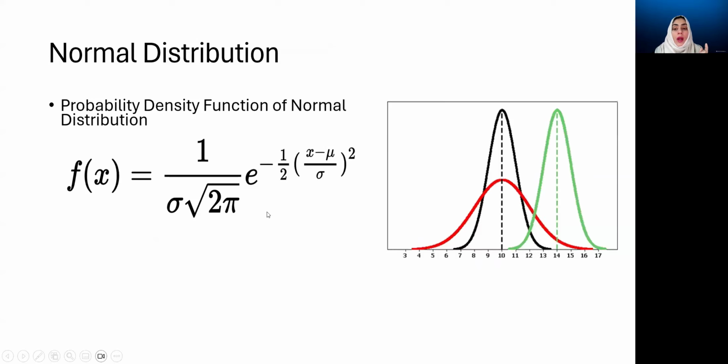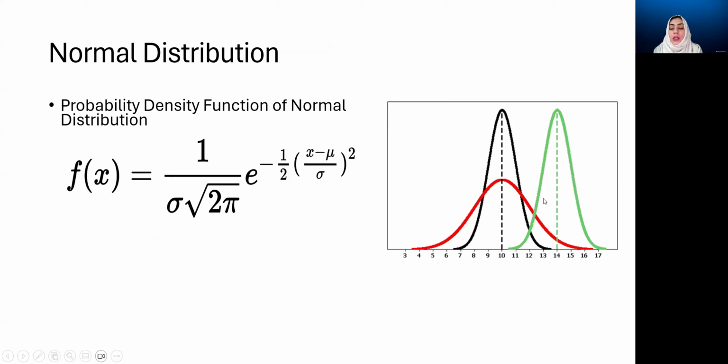Now, what happens when we have different values of sigma and mu? We get different probability distributions. The shape is going to be the same. It is going to look like an inverted bell, but the only difference would be the span on the x-axis at the bottom, how sharp the peak is, how high the peak is, and of course, where on the number line it is located.